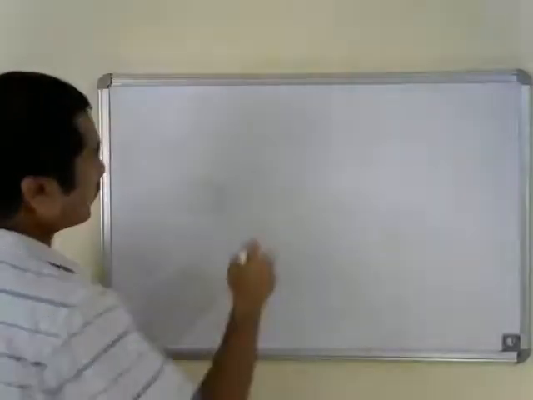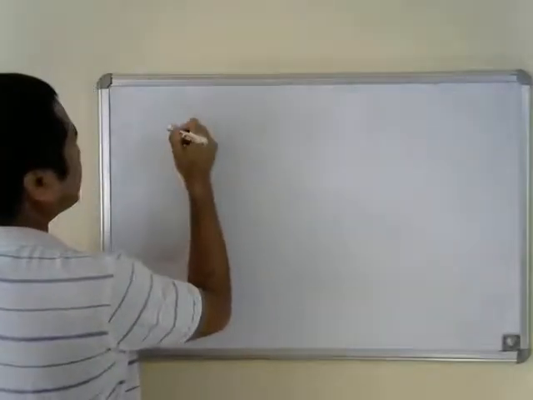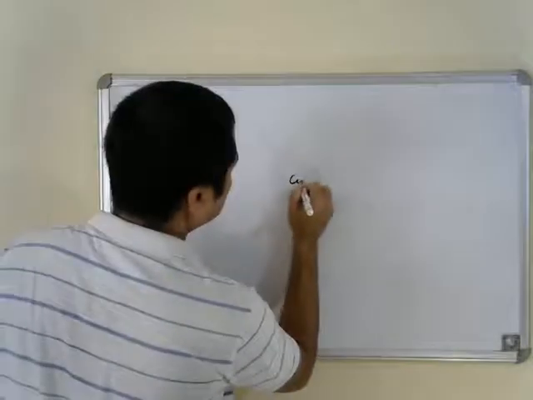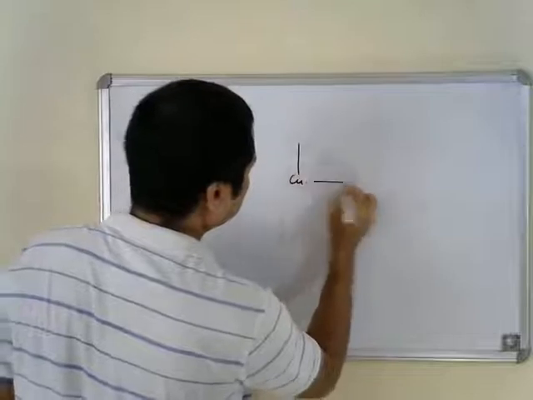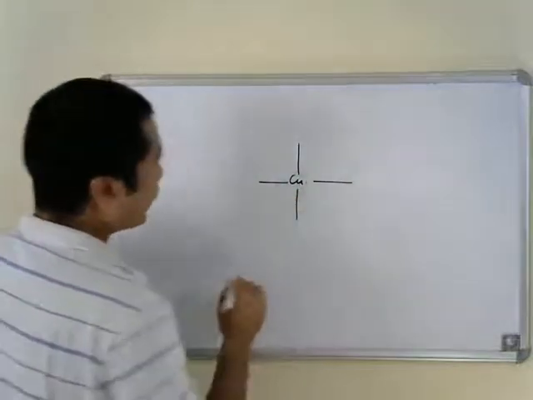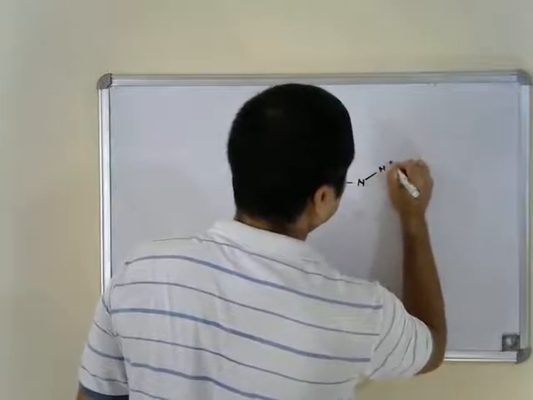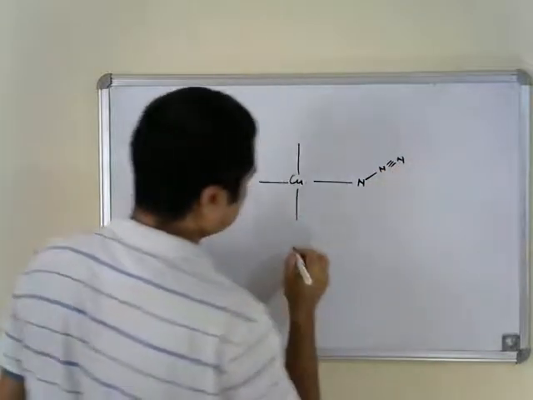Let us now look at another complex, that is tetraazido copper, the structure of which is going to be square planar, and the azido ligand is like this.